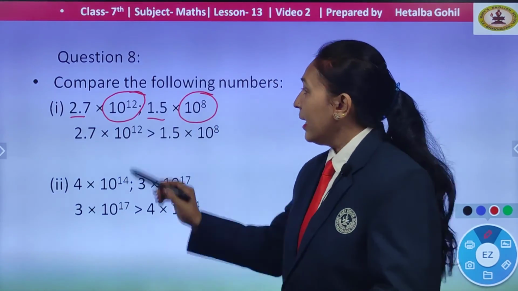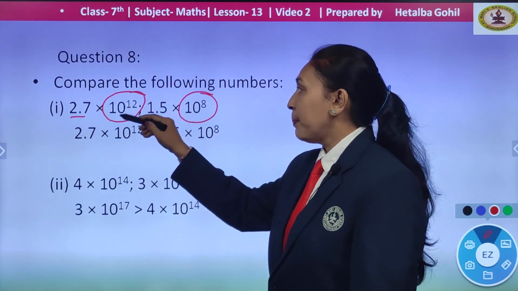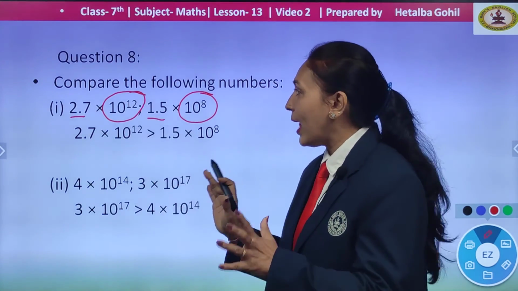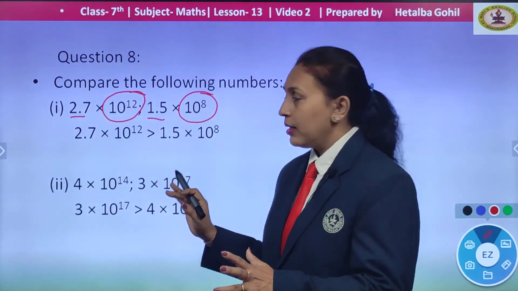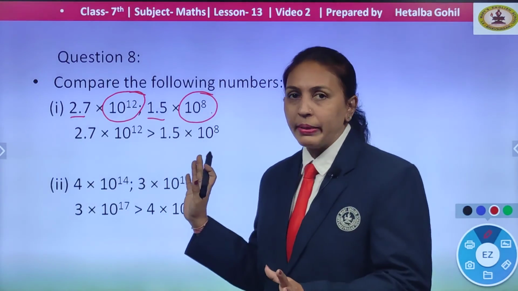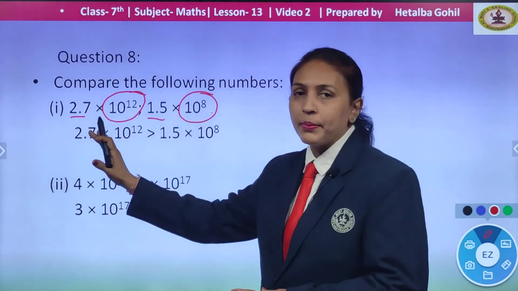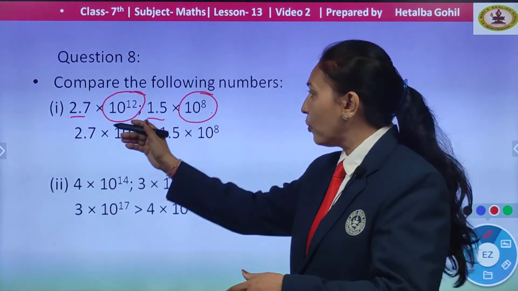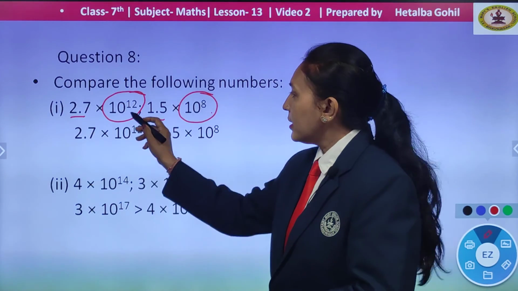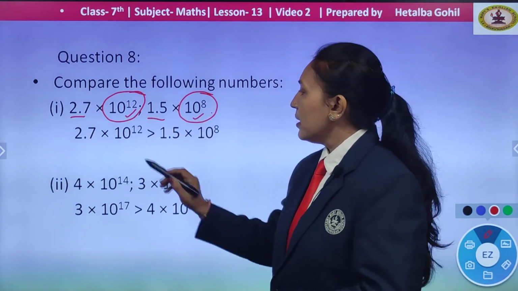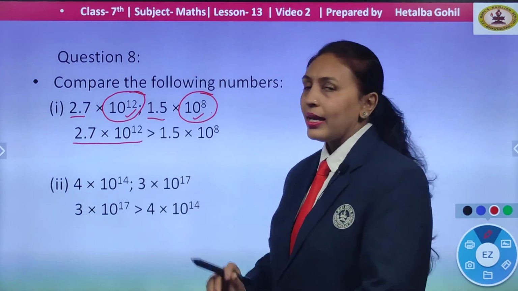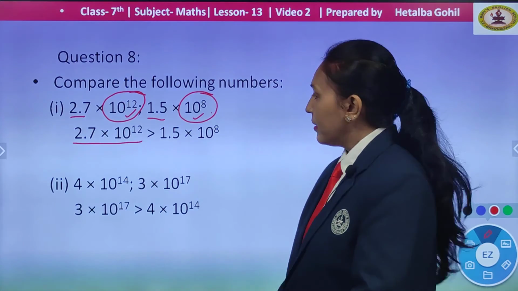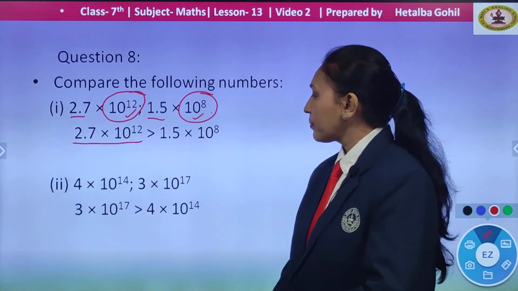Here 10 has power 12, that means 12 zeros will be there, and here 8 zeros. So obviously the number with 12 zeros will be larger. Don't go and multiply to get your answer, just pick out from here. So this number will be greater here. Okay, go with the next one.